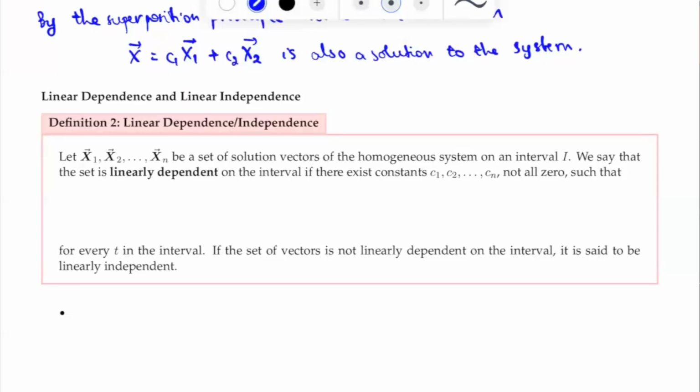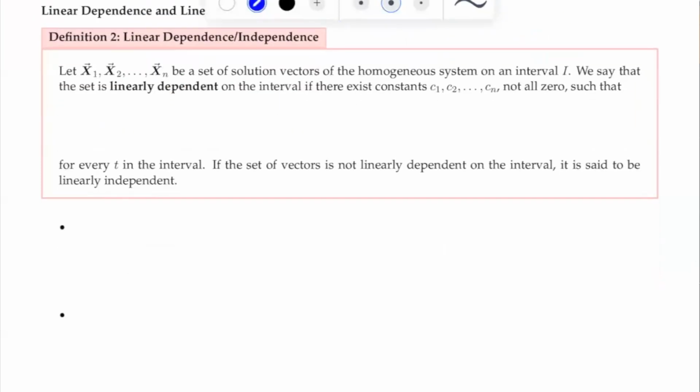We say the set is linearly dependent on the interval if there exist constants c1, c2, up to cn, not all 0, such that X equals c1 X1 plus c2 X2 up to cn Xn. Again, this is just the linear combination we saw earlier. If the set of vectors is not linearly dependent on the interval, it is said to be linearly independent.